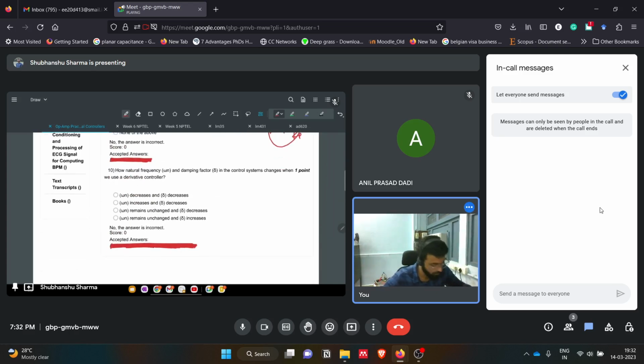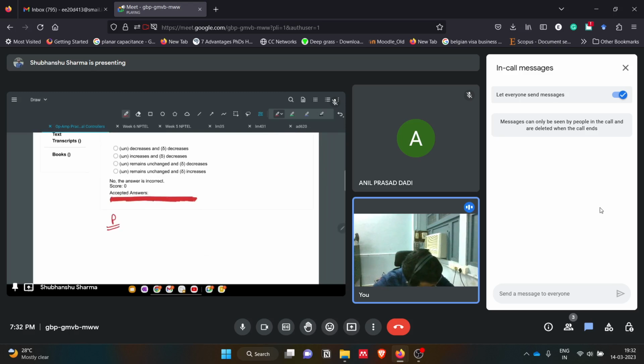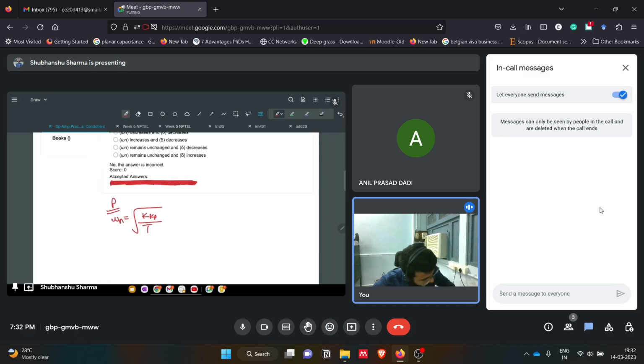Now last question: how do natural frequency and damping factor in the conversion change when we use a derivative controller? In a P controller, when only P is used, omega n is given by root of K KP by T, where T is the time constant, K is the gain of the plant, and KP is the proportional gain.